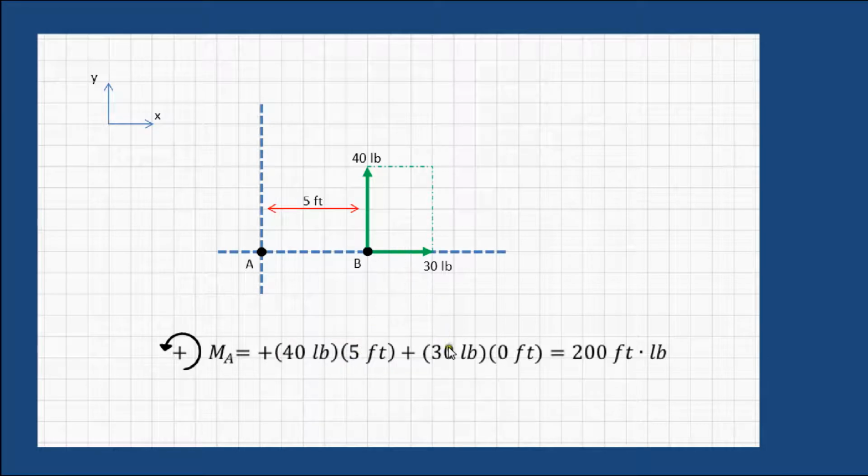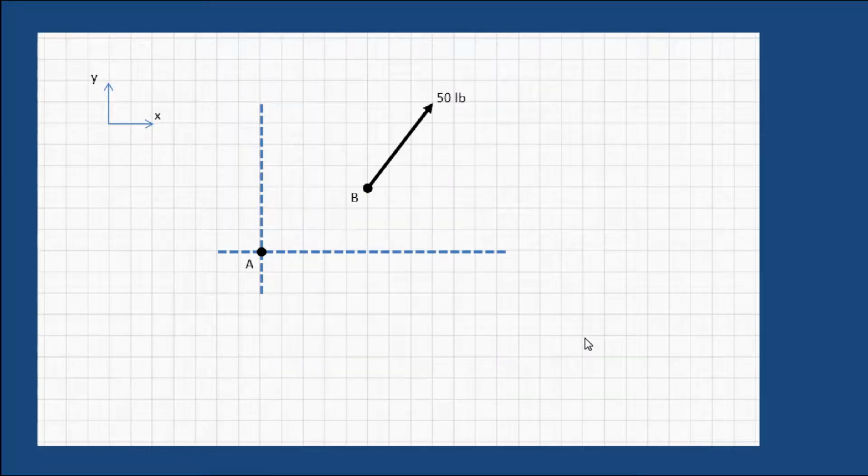Now the 30-pound force we bring in here, I'm just going to use positive because it doesn't matter, because it has a moment arm of 0 feet. I'm just putting it in for completeness, but we find that even though this is a 50-pound force, the magnitude of the moment only comes from its component that's 40 pounds. So 40 pounds times 5 feet equals 200 foot-pounds.